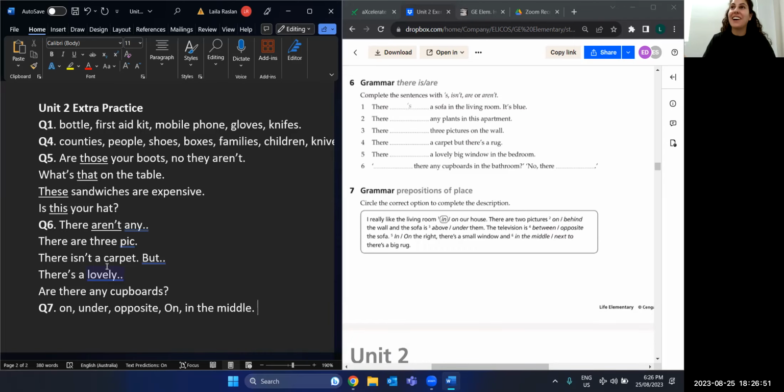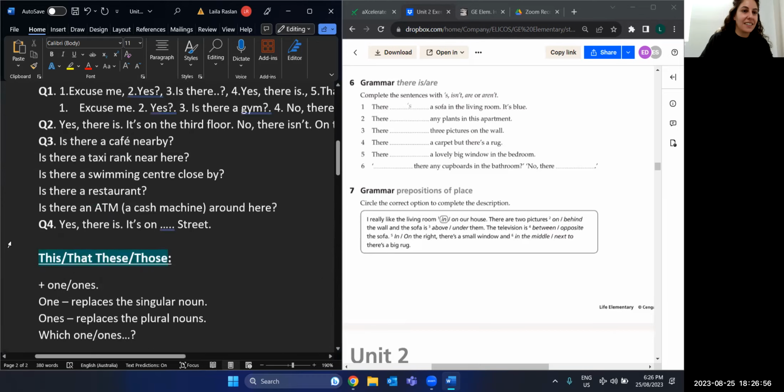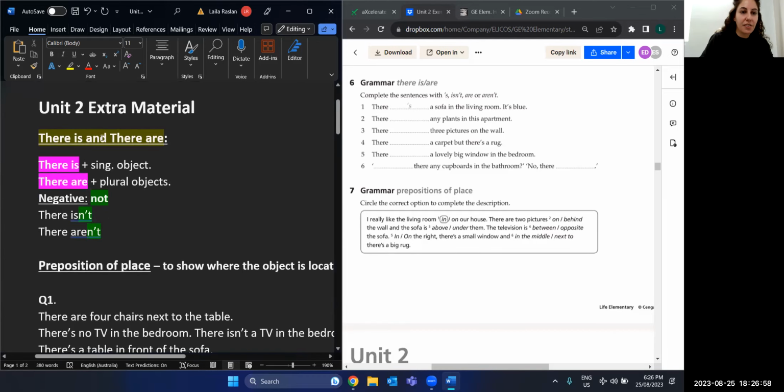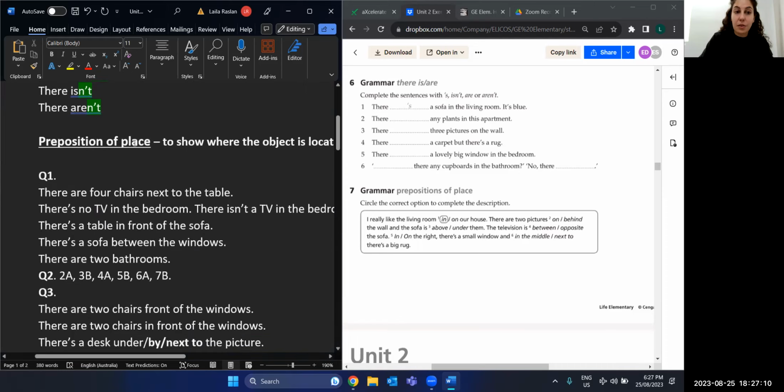So that's been Unit 2, guys. I hope you've enjoyed learning. Again, quick recap. There are, when we talk about objects, if there is something, like I want to know if this place has something. The negative, and not just if there is an object, but where is it?